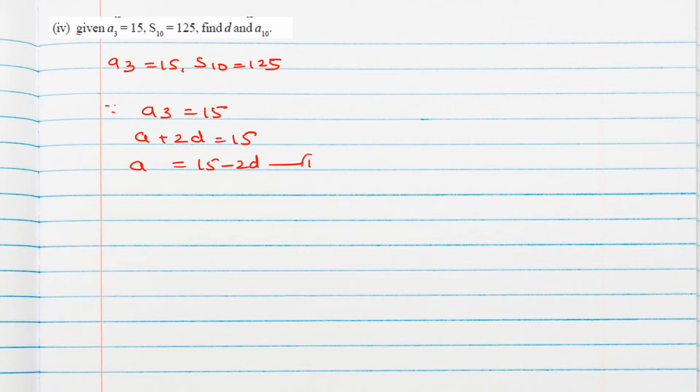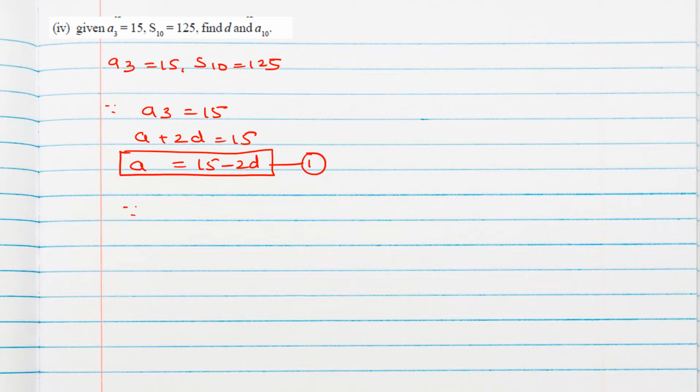Question number 4, a3 is 15, S10 is 125. So since a3 is 15, we'll start from a3. So a plus 2d will be 15. So we can write a as 15 minus 2d. Equation 1: a value is 15 minus 2d.